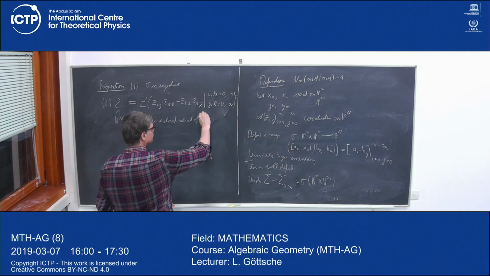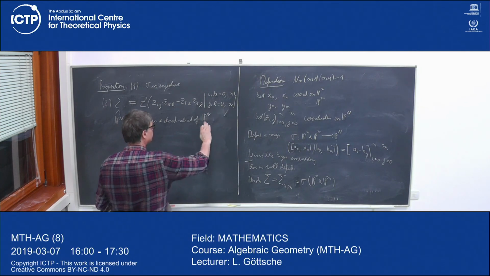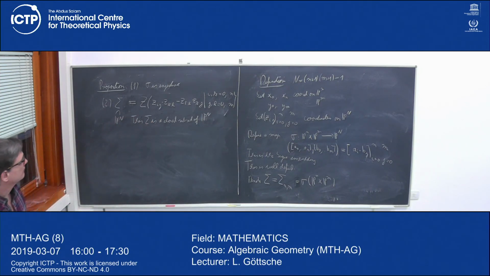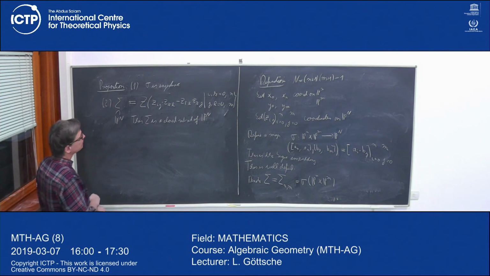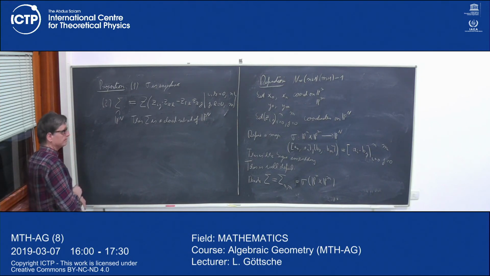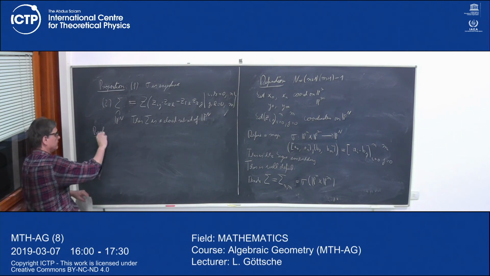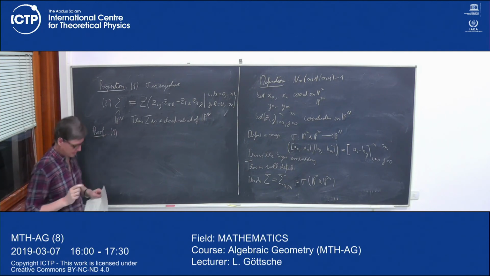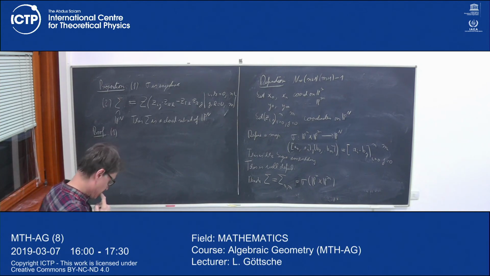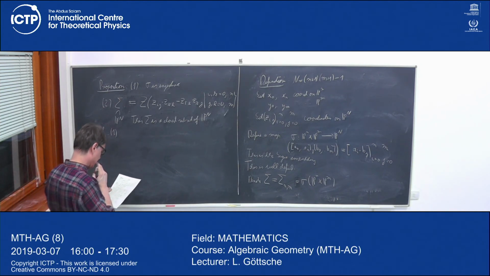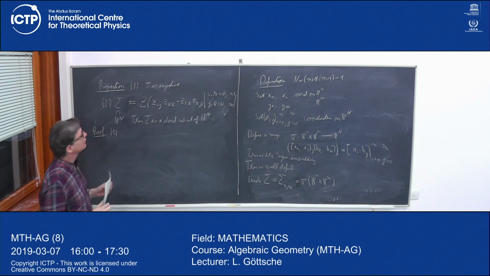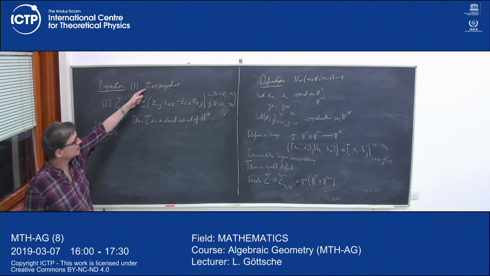So let's see. The first one is slightly easier. So we want to claim that this map is injective.